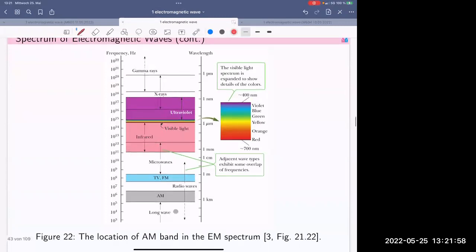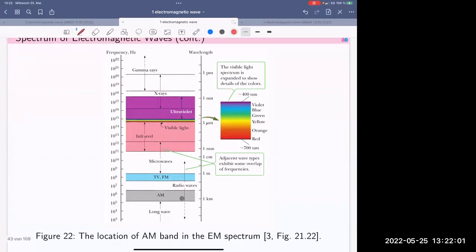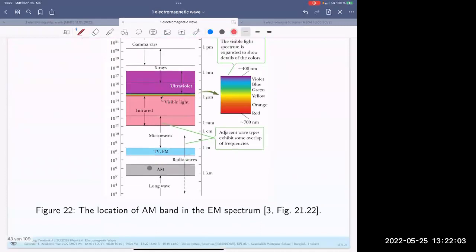AM is around here. It's a kind of low frequency electromagnetic wave.